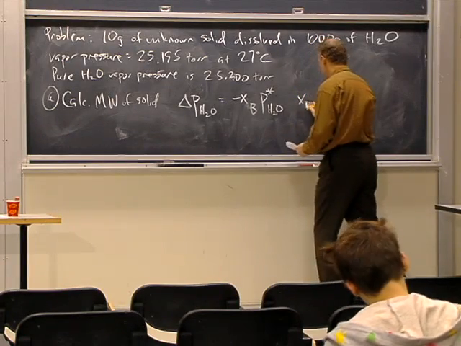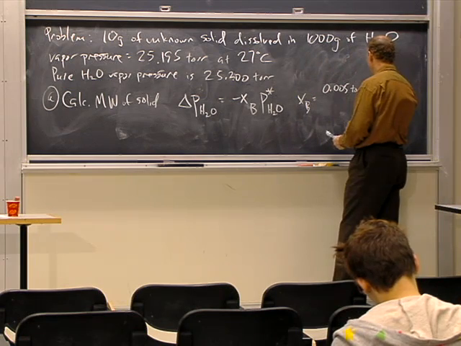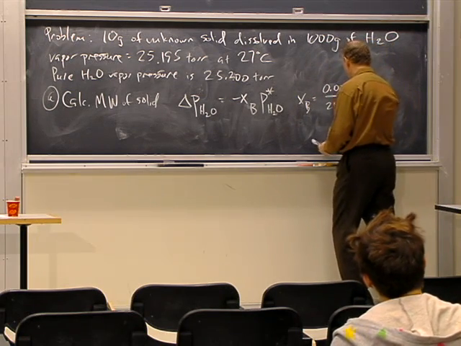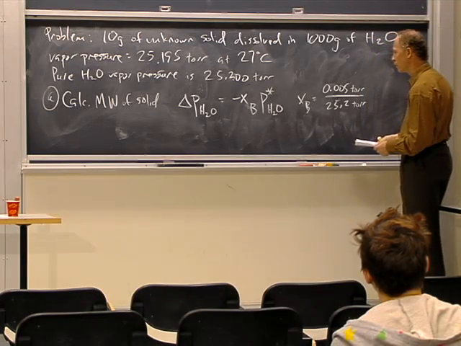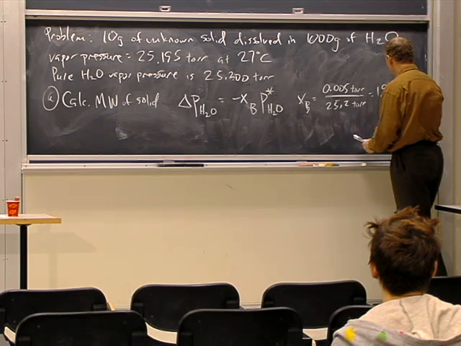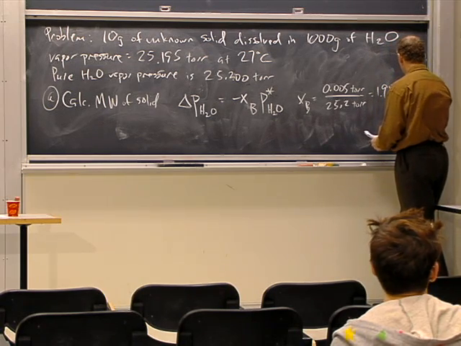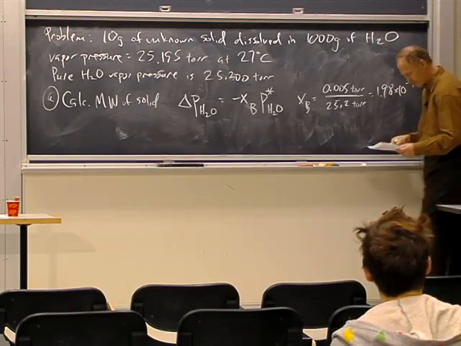And XB is 0.005 torr over 25.2 torr, right? And that's 1.98 times 10 to the minus 4. So that's our mole fraction of B, right?